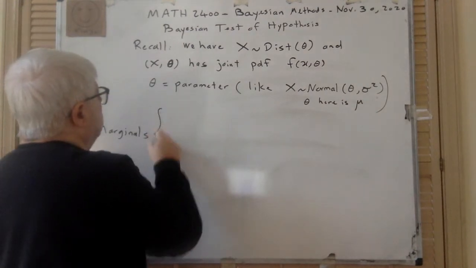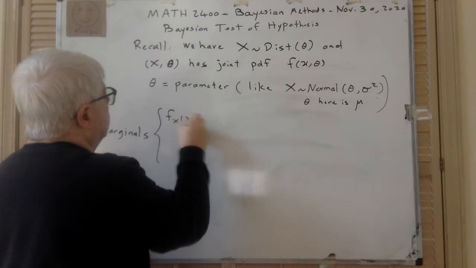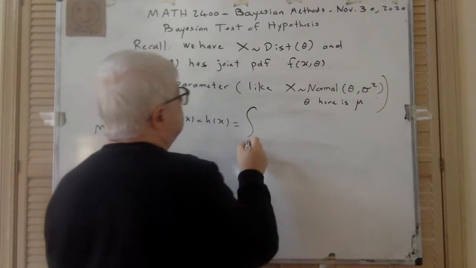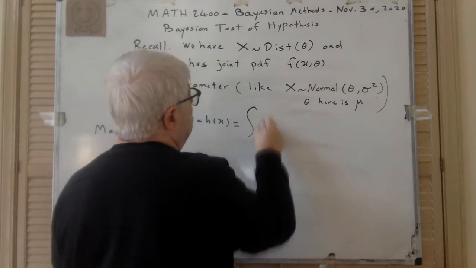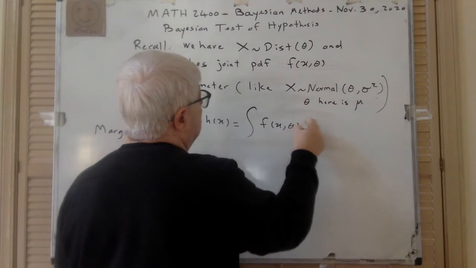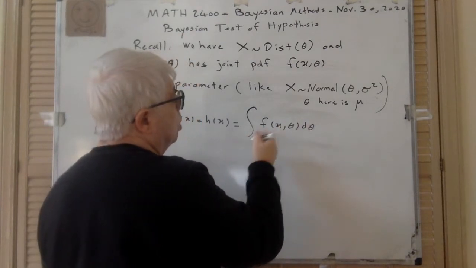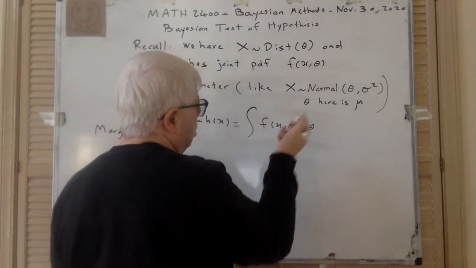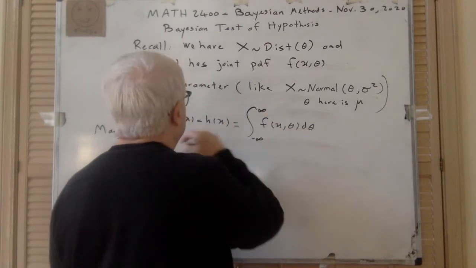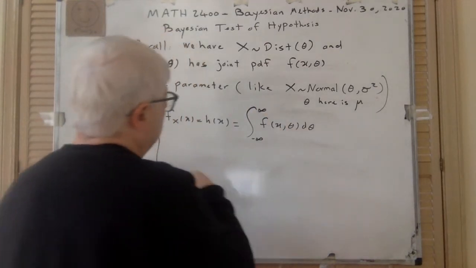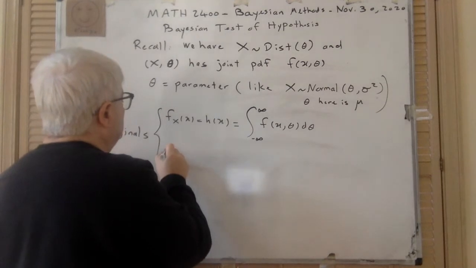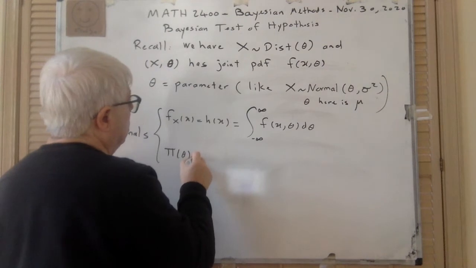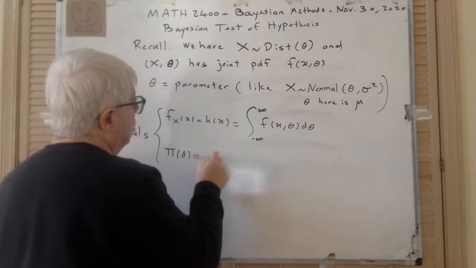So one of them is f_X(x), or sometimes they call it h(x) simply, and that is when we integrate theta out. And this depends on some domain. So let's just write minus infinity, that's okay. We need this one.